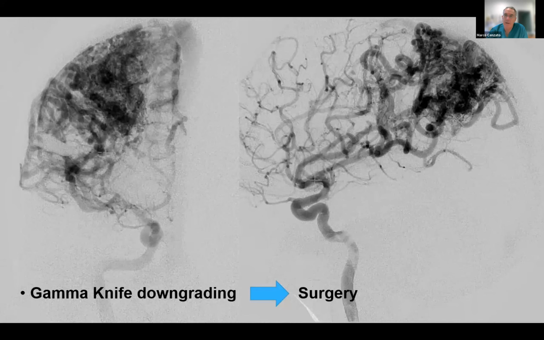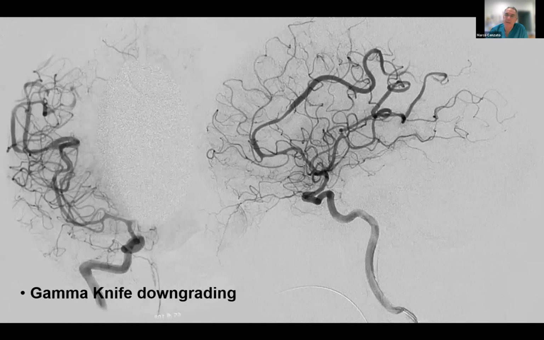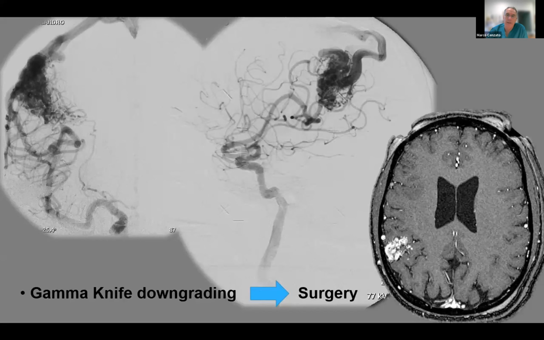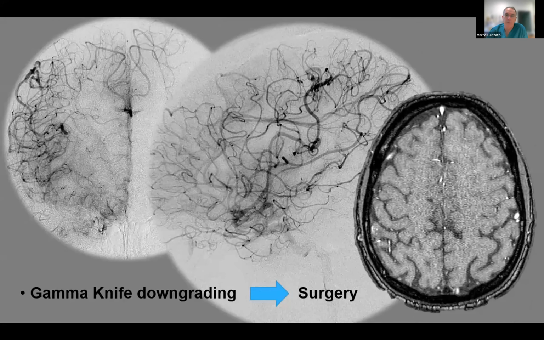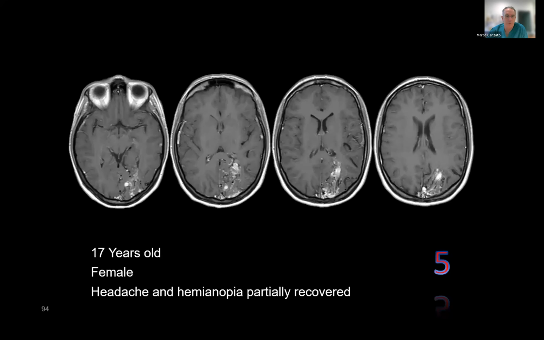This was a large AVM, by itself not eloquent because it was posterior parietal, and we did a gamma knife that reduced the size, and then we went for surgery. Also this one, downgrading, then this was the result, and then we went for surgery.